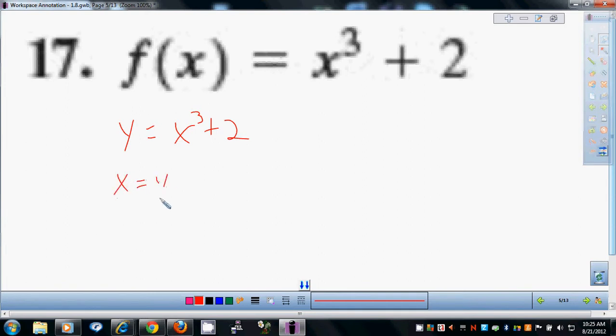There you go, switch the x and y. What's my third step, Maggie? Solve for y. Well, what is my first step to solving for y? You have to subtract first. You can't cube root until the cube is isolated. Now you cube root both sides, and that is your inverse.